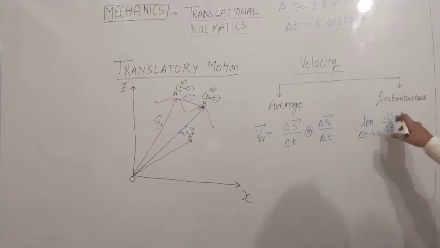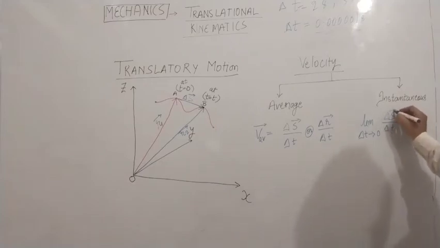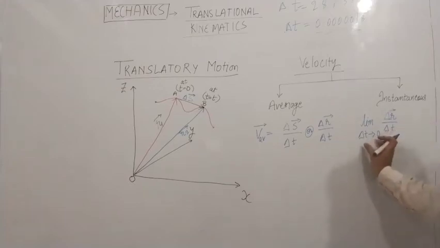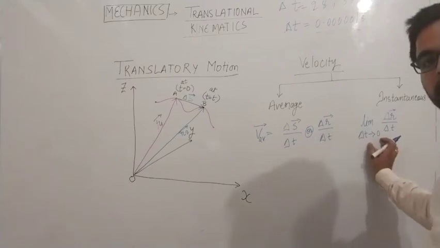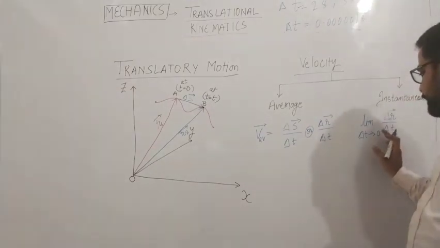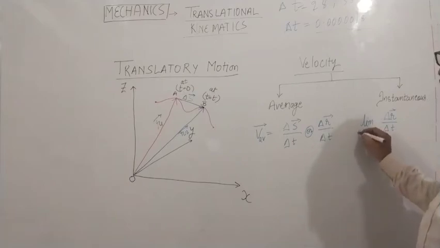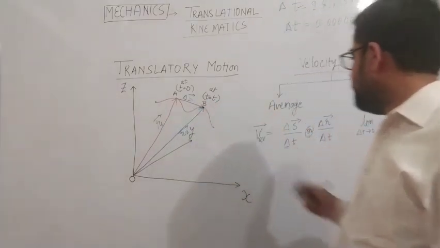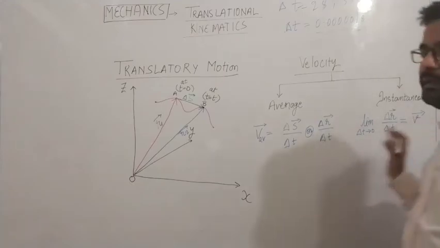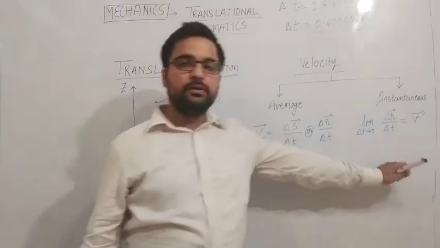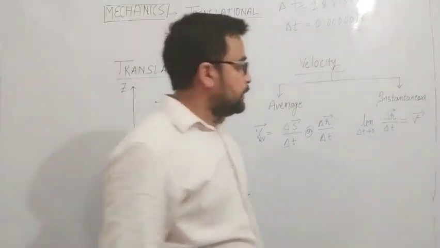That is, what will be your rate of change of displacement, or you can say rate of change of position. So when you reduce the time interval to a very small value, then you get the velocity at that very instant, and it is denoted by V only. Need not write V instantaneous, only V will suffice, right?